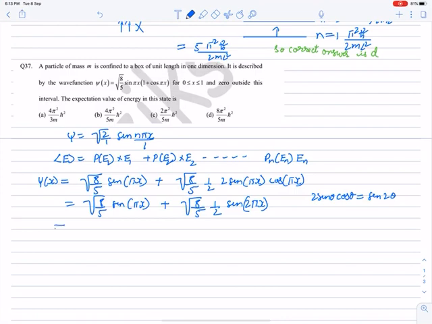Now we have to change it into our known wave function.